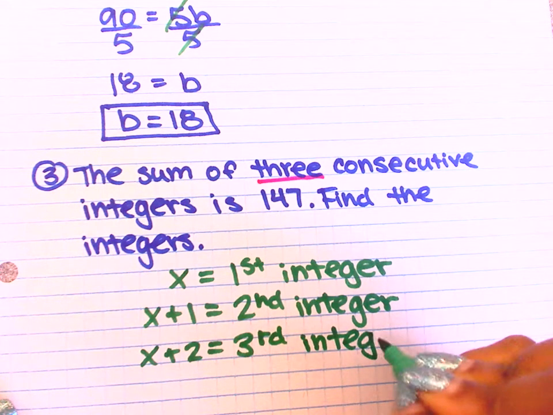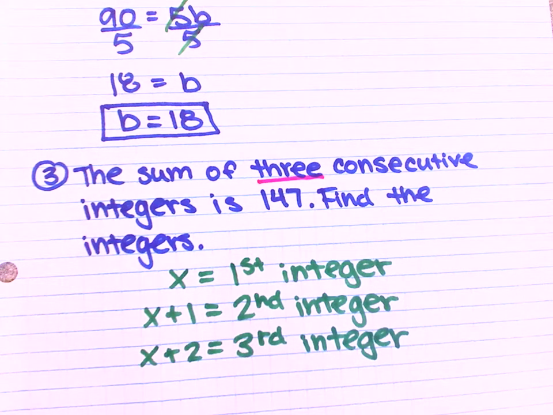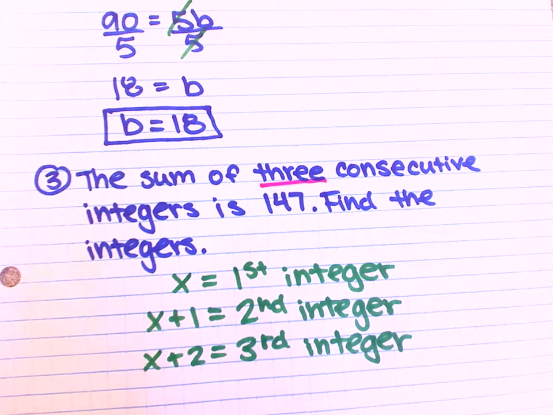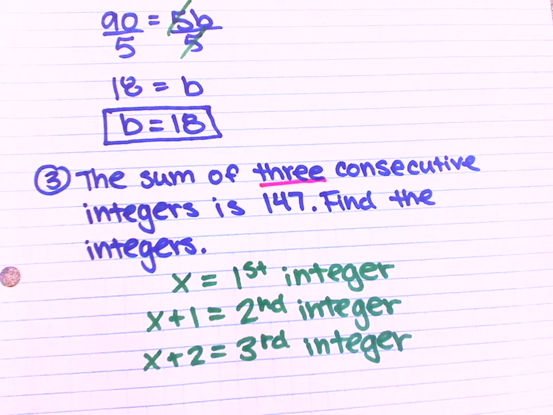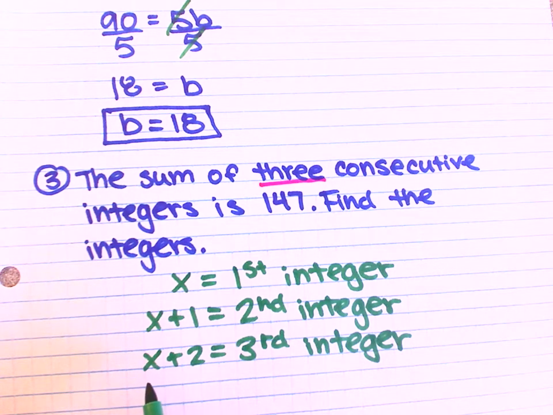So I'm going to think about that logically for a second. Say my integer was 1. What comes after 1 is 2. 1 plus 1, x plus 1, is 2. That makes sense. If 1 was the integer I started with, and 1 is x, my third integer should be 1 plus 2, which is 3. So that makes sense.